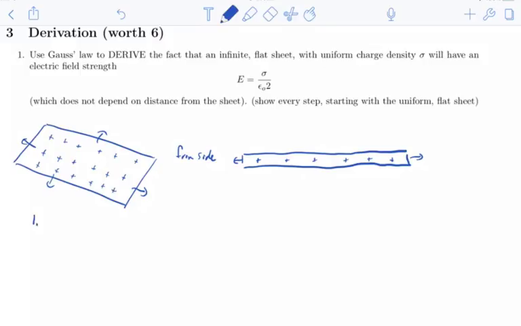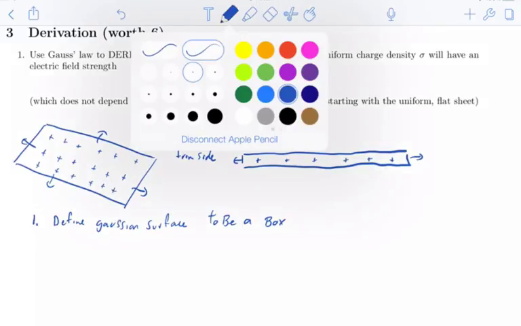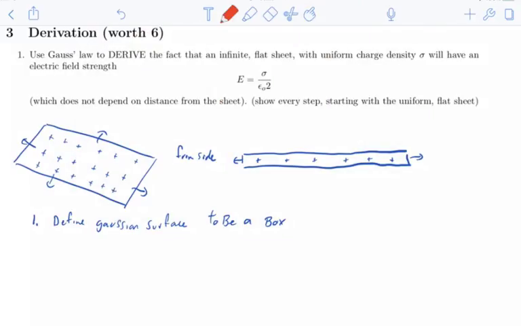Define your Gaussian surface to be a box. Actually, you know what? Before we go any further, you might ask, what can we expect to be provided?